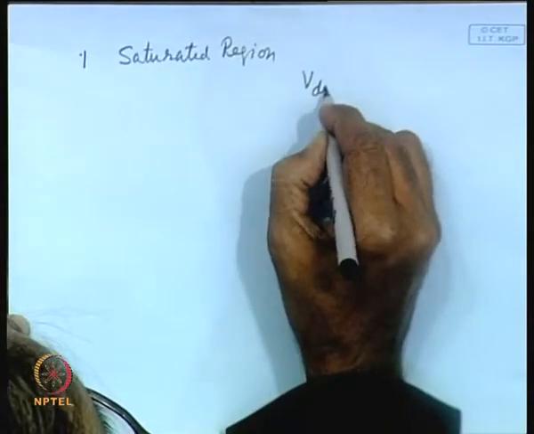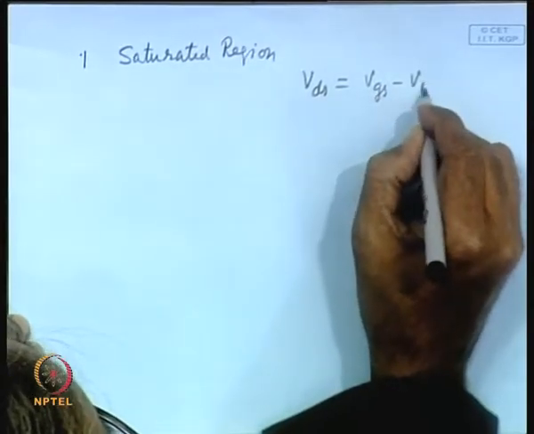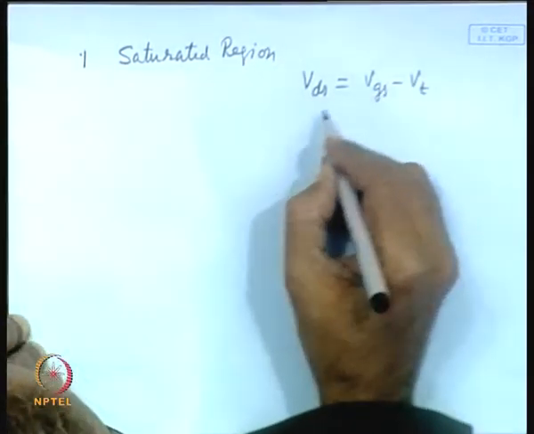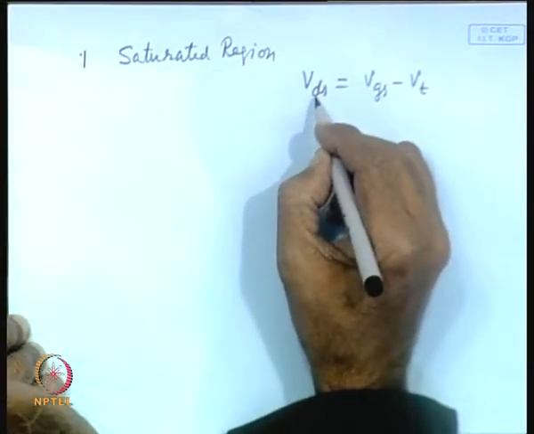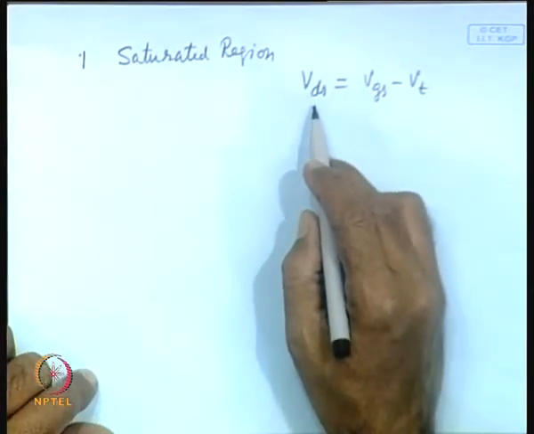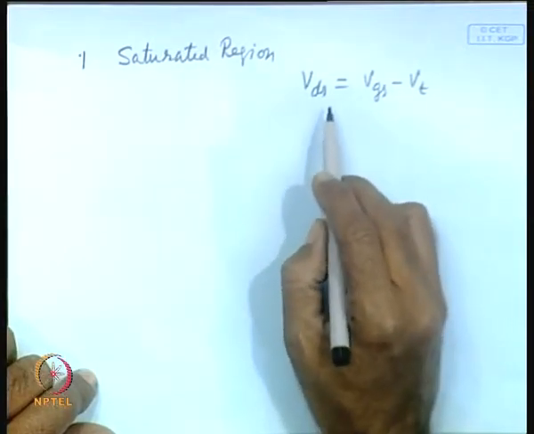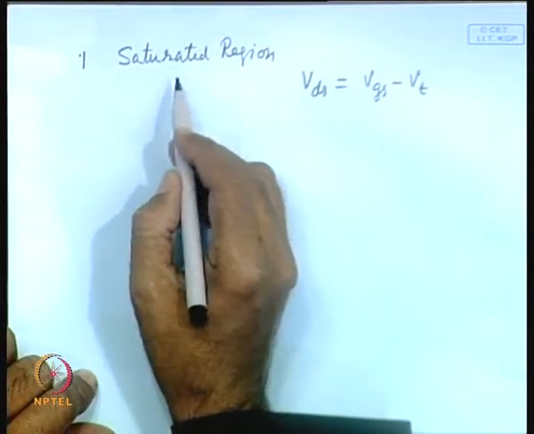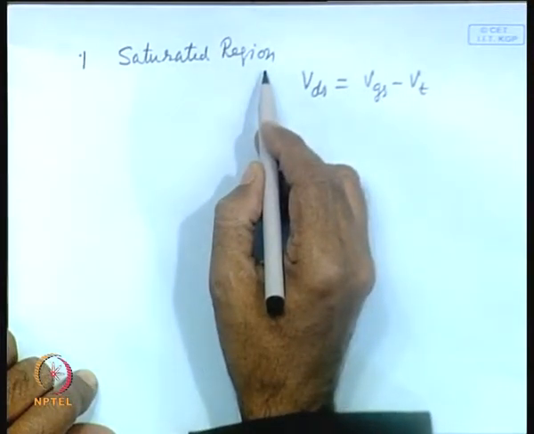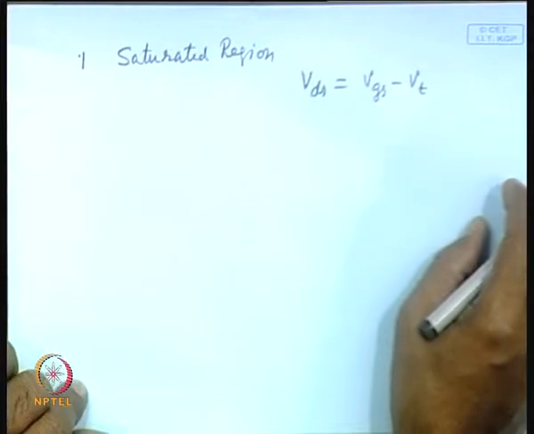That means this occurs when V D S is equal to V G S minus V T. This is the effective gate voltage, which is equal to the drain voltage, beyond which the drain current is independent of V D S. This is the point from where we can say that the saturated region has started. Below that it is the linear or non-saturated region.